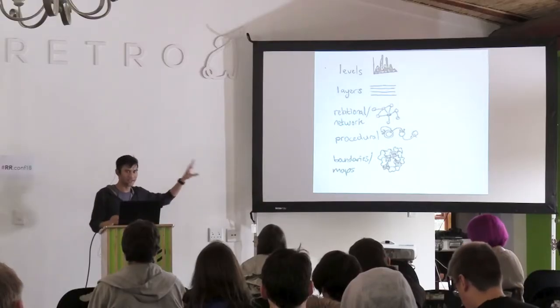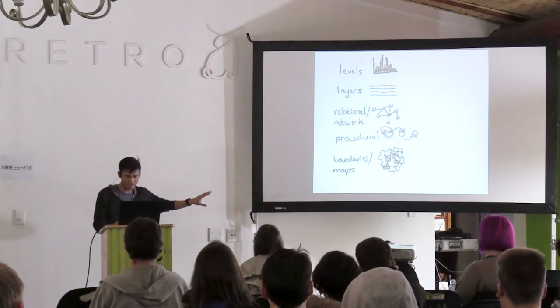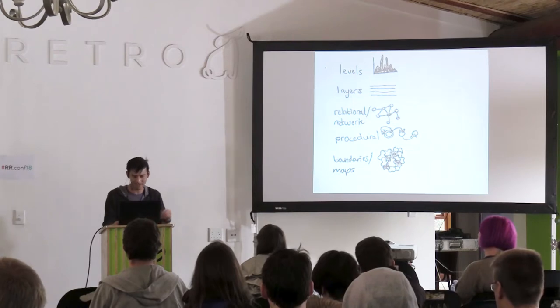There's also the relational or network based model. There's procedural: I do this, and then do that, and then that. And then there's boundaries and maps. This is by no means a comprehensive list. I just sort of mostly made this up. So if you find other things and other resources, please tell me afterwards.